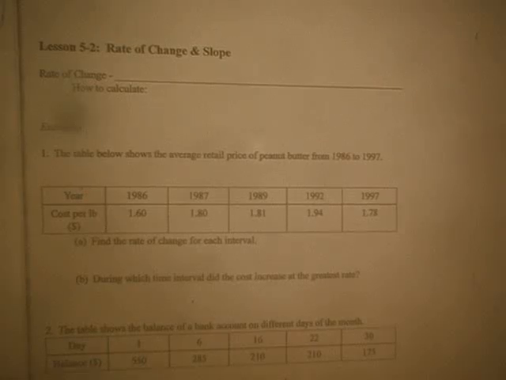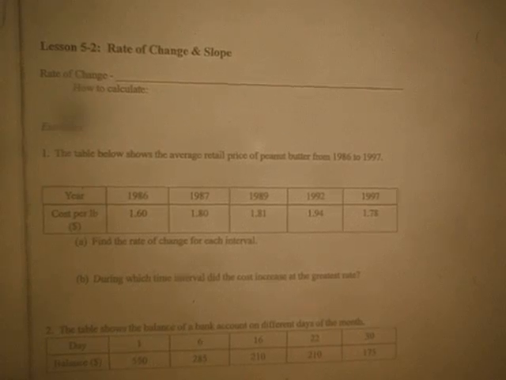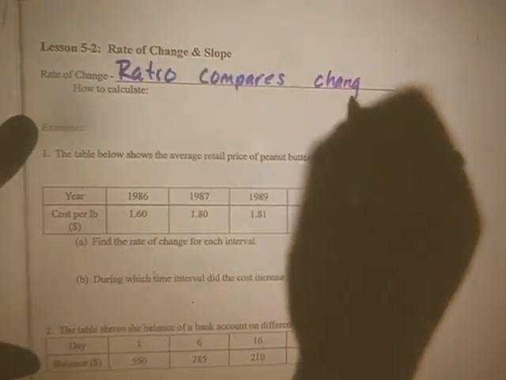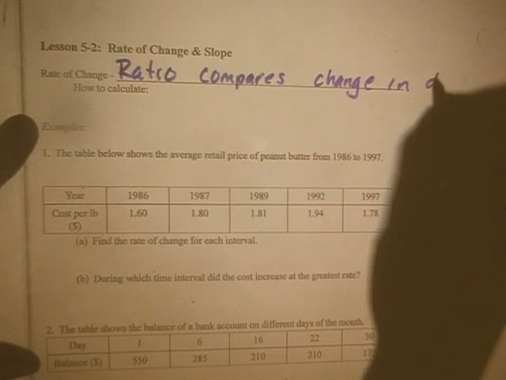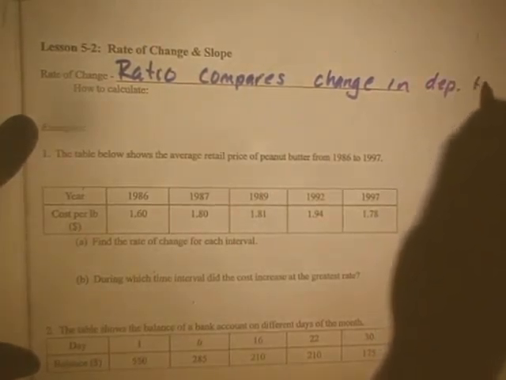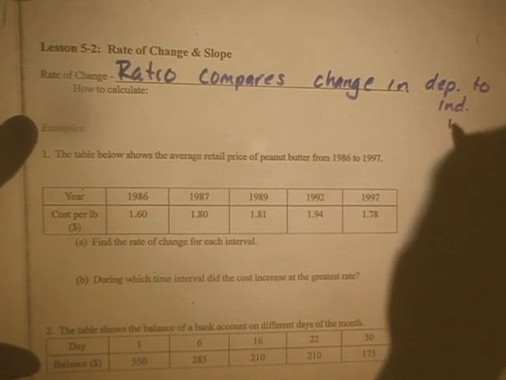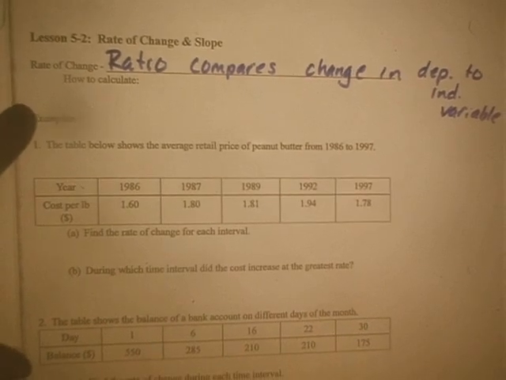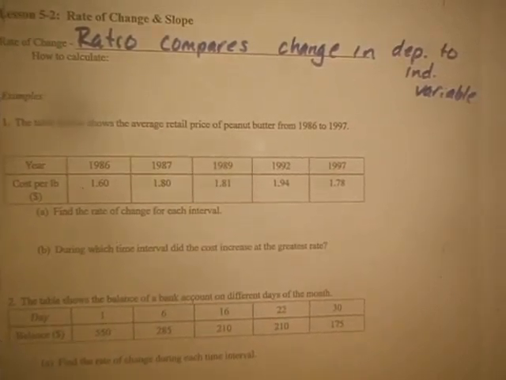A rate of change is a ratio that compares the change in your dependent variable to the change in the independent variable.